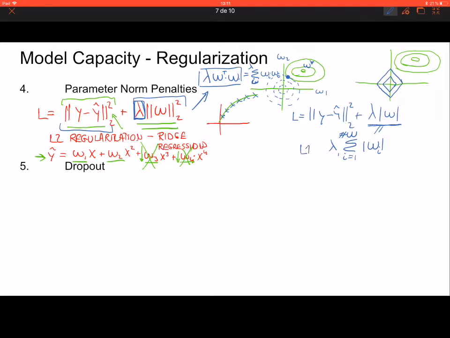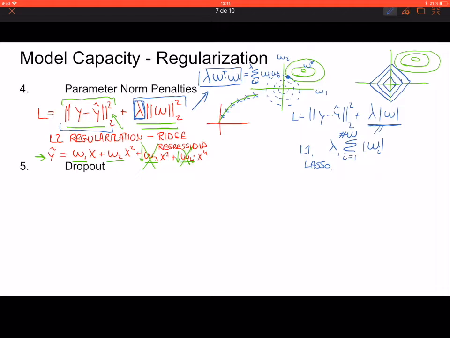So this is L1, also known as lasso. So each of the points in these contours that I'm drawing in these squares contain the same value for the regularization term.